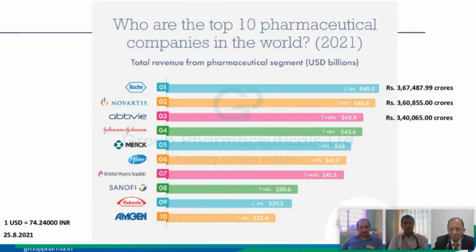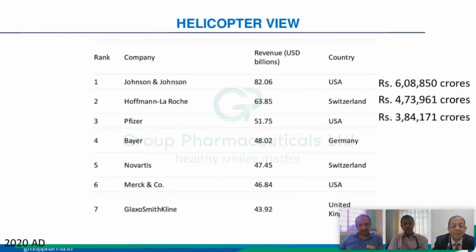But what's happening to the pharma industry? That's the silver lining. Roche has got 367,487.99 crore sales. Remember this interesting figure because I'll put it in perspective. If you take the Johnson & Johnson company, including its consumer group business, the sales value is 6,08,850 crores.